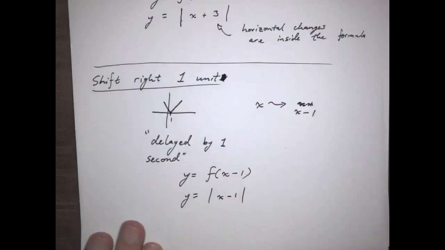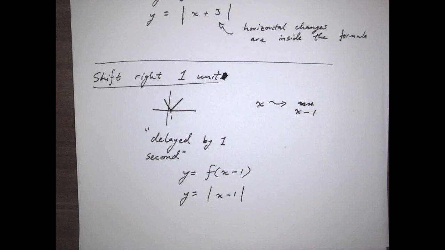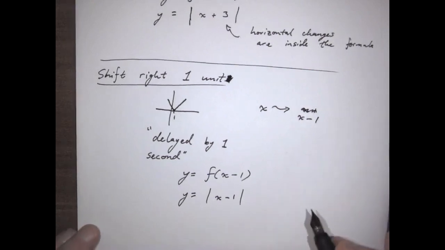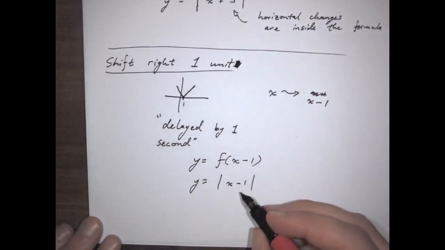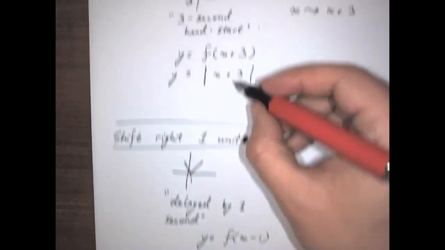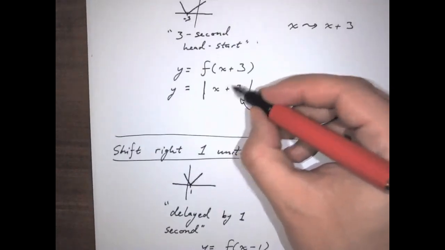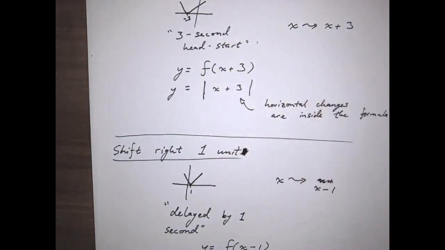Now notice this is a very unusual transformation. It goes the opposite of what you think. Another way of thinking about this is we're changing the meaning of 0. Here, we are at what used to be 0 when x equals negative 3. Here, we are at what used to be 0 when x equals 1.